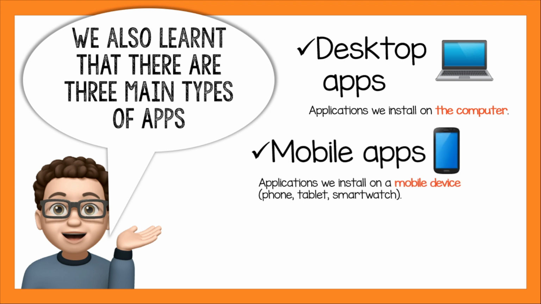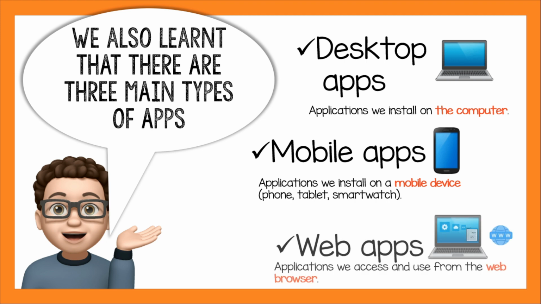Mobile apps, which are the applications that we install on a mobile device like the phone, the tablet, the smartwatch. And web apps, which are the applications that we access and use from the web browser. What web browser? We have many examples of web browsers like Google Chrome, Mozilla Firefox, Safari, Internet Explorer, etc.